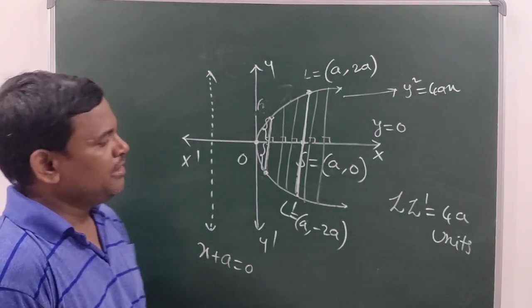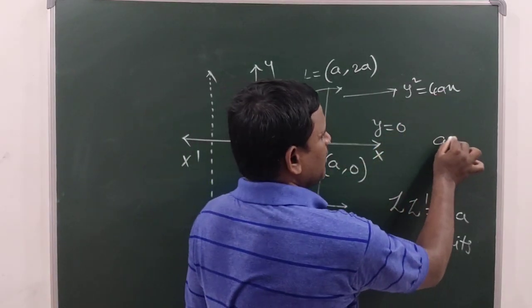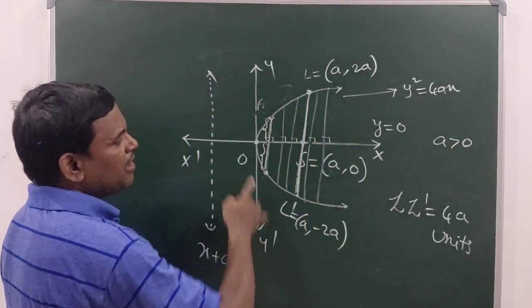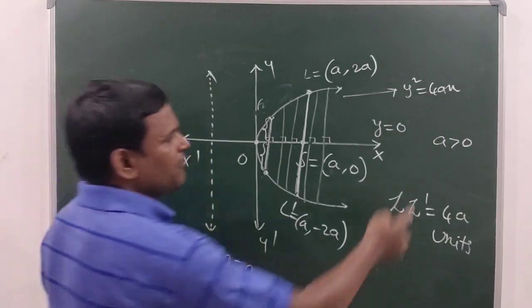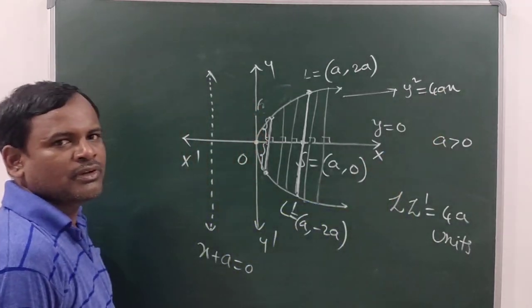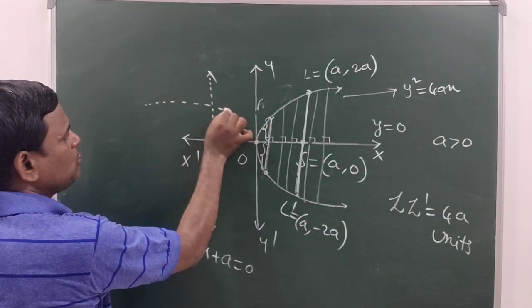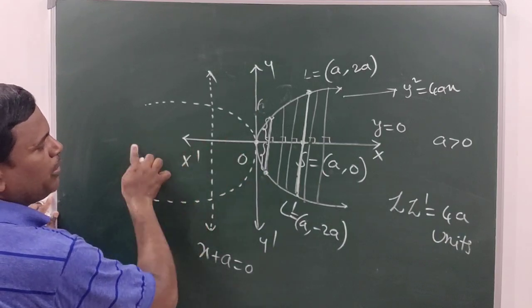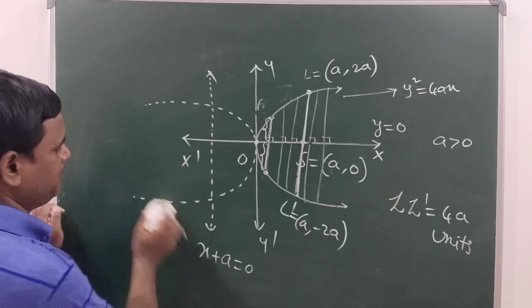Here, if a is positive, then we get a parabola which opens this side along the x-axis. If a is negative, then you get a parabola which opens this side, along the negative x-axis. Observe that point.